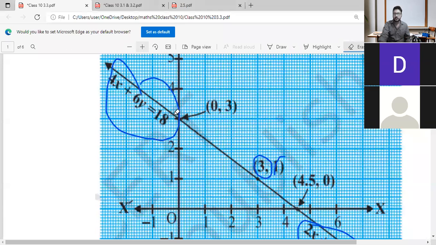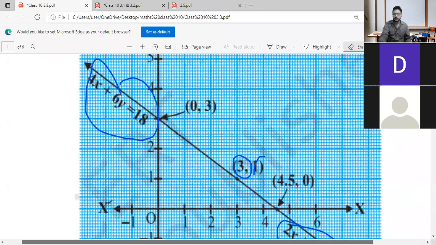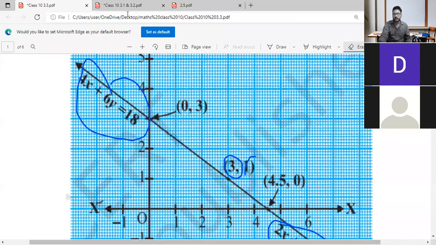So I'm going to zoom in again and I will show you one more point. I am taking the point 3.75. Suppose I want to take the value of x as 3.75. This can be a question in your exam also. Sometimes you may be asked, corresponding to the x value of 3.75, what is the value of y?